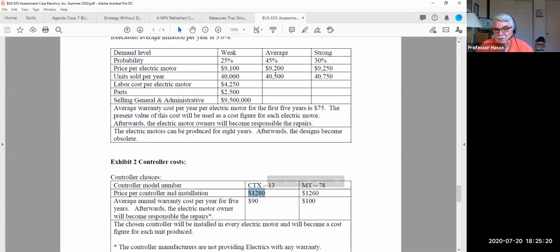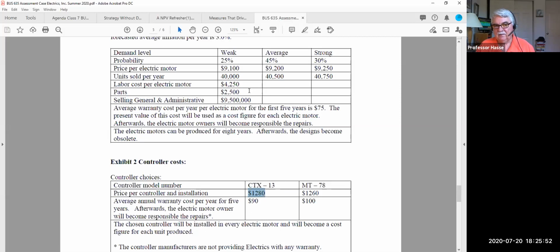If you're producing 40,500 units, you can do the math: that times that, total dollars. That times that, total dollars. That times that, total dollars. Cool. But now this is where this gets very important. The warranty cost says we have a warranty on the motor and the controller.